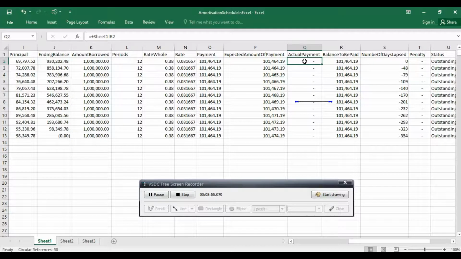Now the actual payment. Let us say the amount is still outstanding here. Let us say you have paid 101,464. The required payment is 101,464.19 tamba.